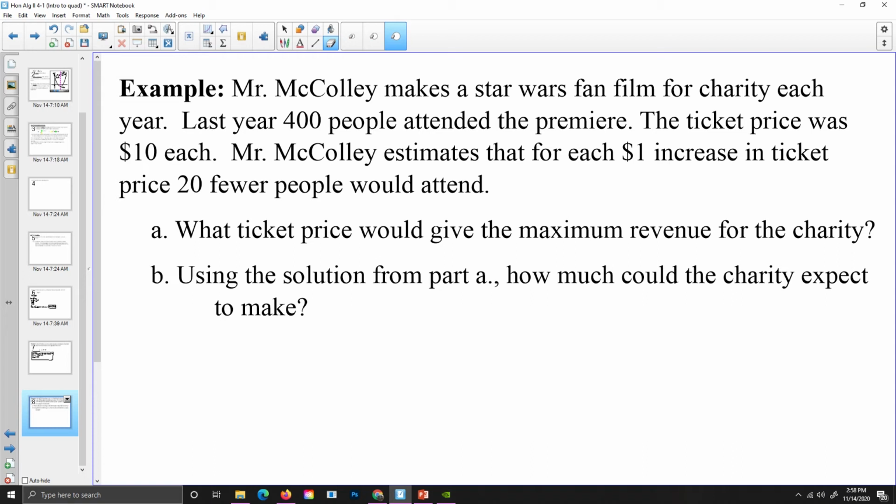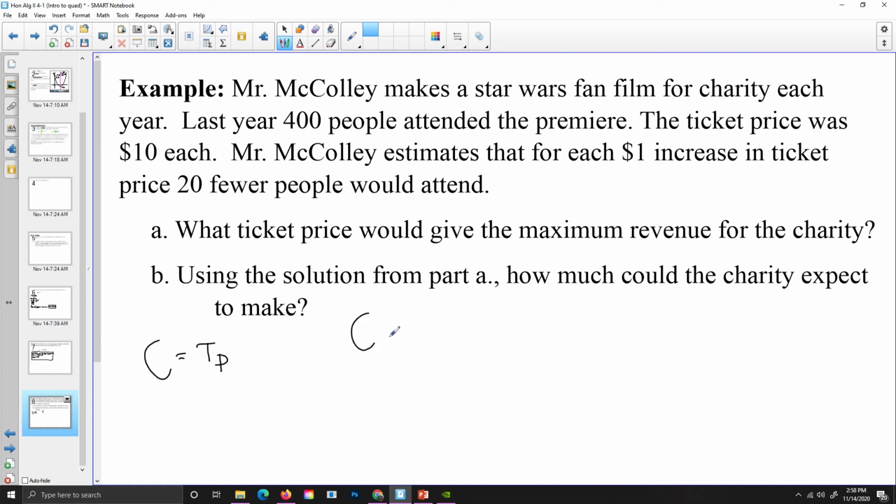All right, so how we're going to do this? Well, let's talk about last year first. If I were to talk about the profit from last year, I would say that I had 400 people at $10 each. 400 times 10 is $4,000. And so if I think about it, the profit for the charity, which we'll call C, would have been the number of tickets times the price.